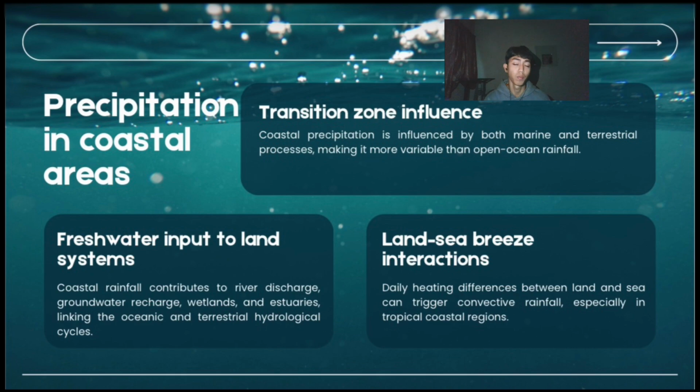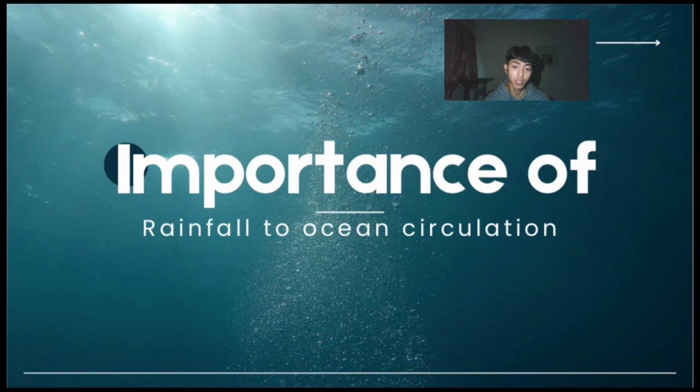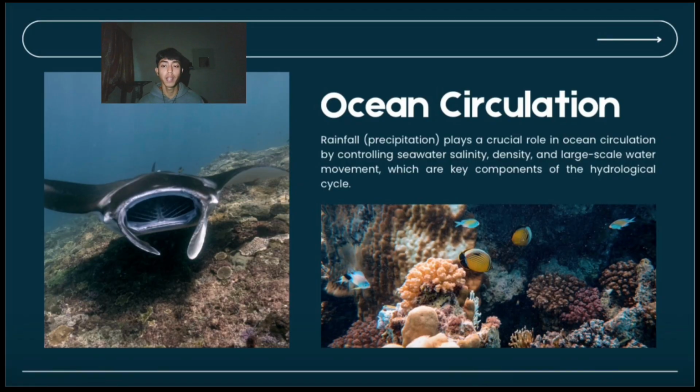Now we move to the importance of rainfall to ocean circulation. For the introduction, rainfall plays a crucial role in ocean circulation by controlling seawater salinity, density, and large-scale water movement, which are key components of the hydrological cycle.